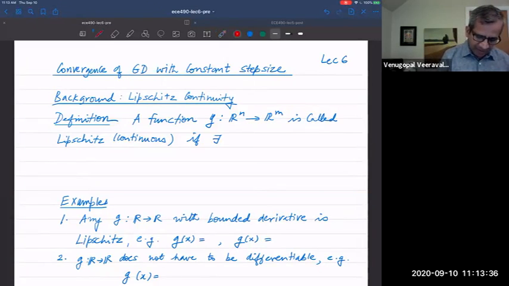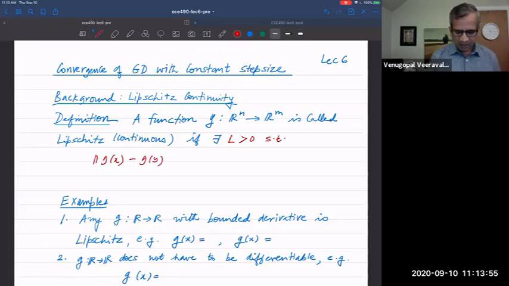So we say that a function g is Lipschitz continuous if there's a number L, which is positive, such that if I look at the difference between g at some point x and g at some point y, and g is possibly a vector valued function, so you're going from Rn to Rm, so these g's are sitting in Rm.